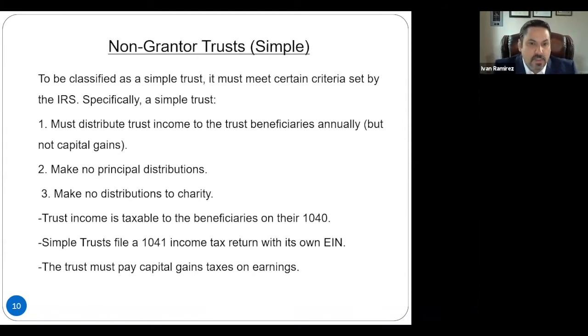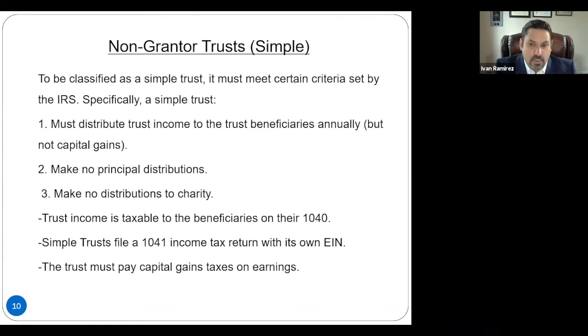All right. So the first element is the trust instructions dictate that the trust income must be distributed to the beneficiaries annually. If the trust instrument says it's an irrevocable trust and it says, trustee, you must distribute the income that the trust principal is generating every year to the beneficiaries I listed, then you have a simple trust.